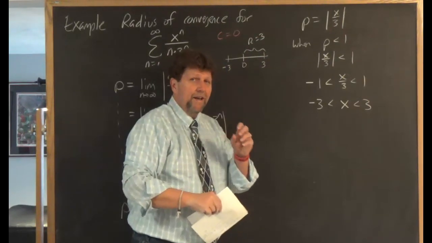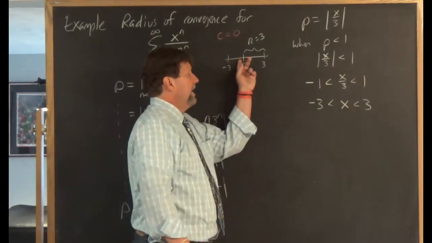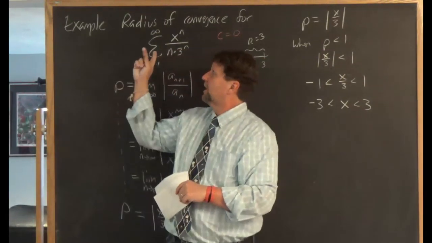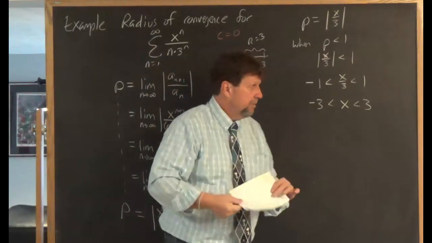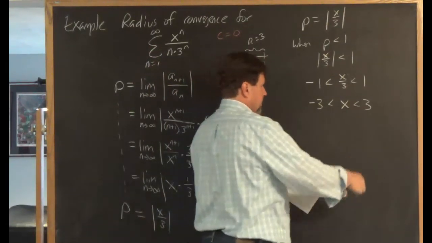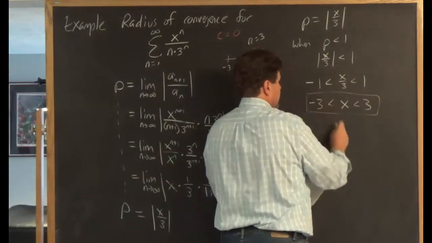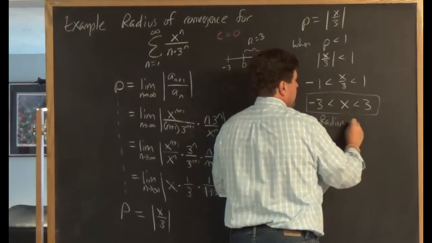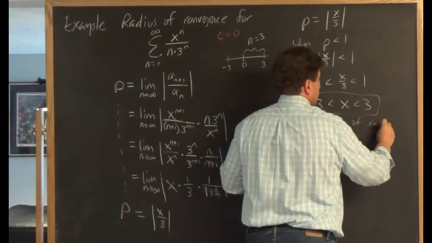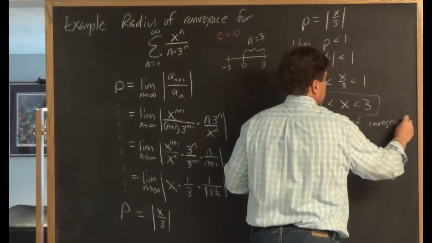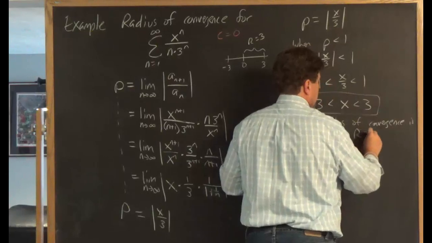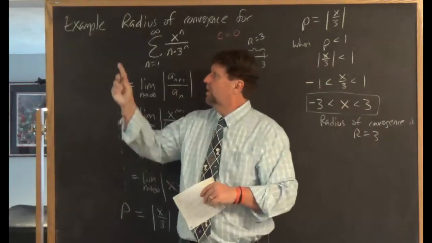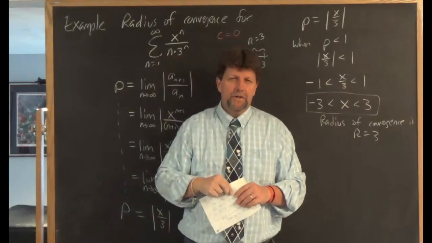And I also know right now, if I pick any x inside the interval, my original power series converges. But let me make this note. This right here tells me that my radius of convergence is 3. And as long as I pick any x inside the interval, the power series converges.